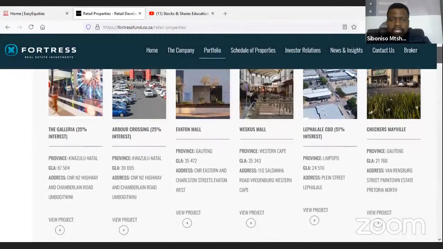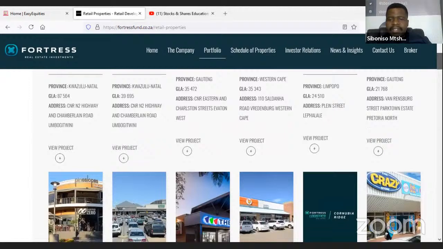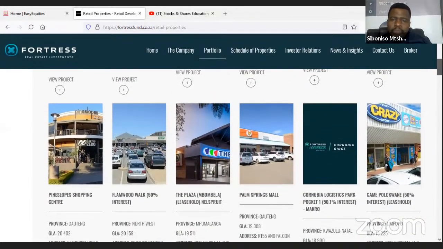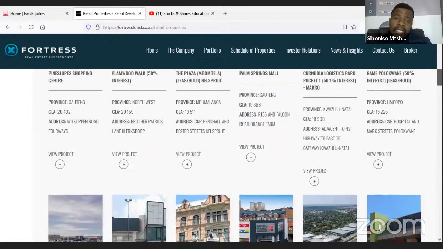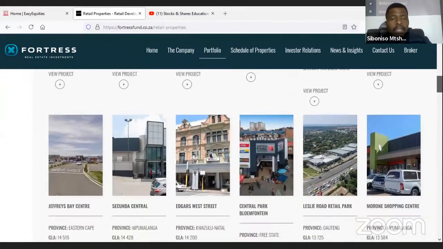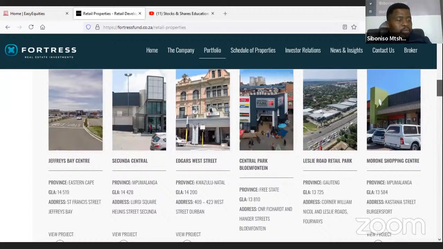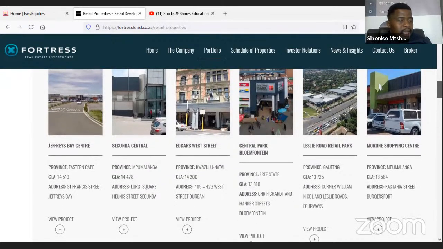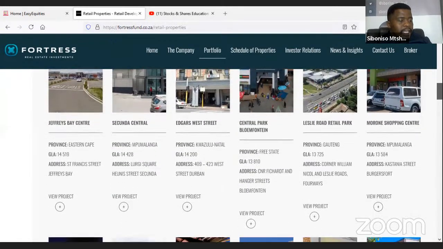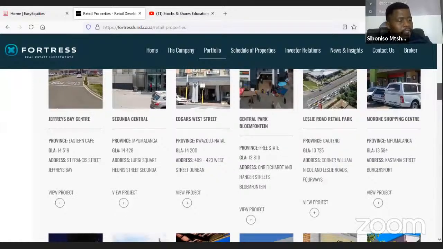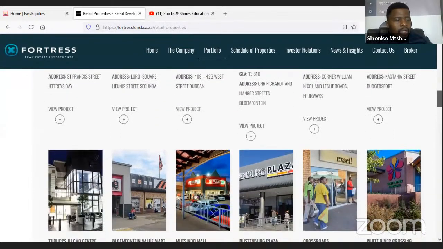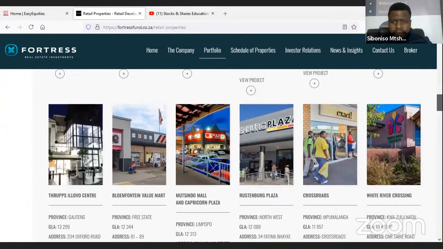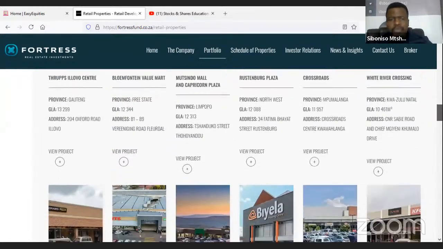So if I stroll down here, you can very much see that it is the properties, the shopping centers, the malls under the retail portfolio. Some of them, you know them, but the beautiful thing is that this actually gives you what we call the exposure to these properties.